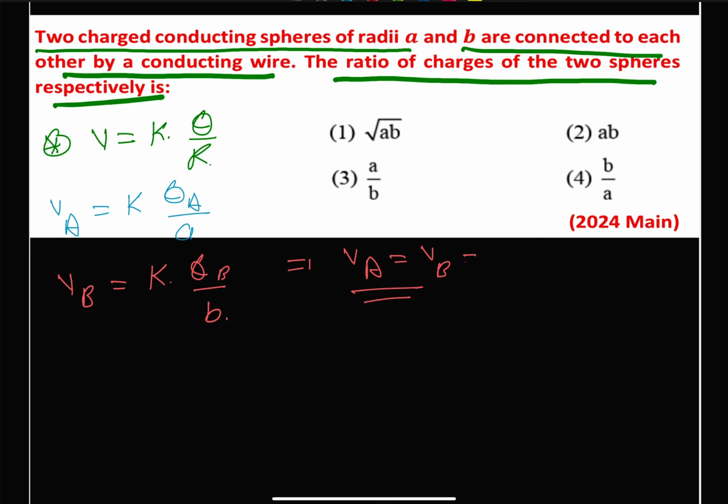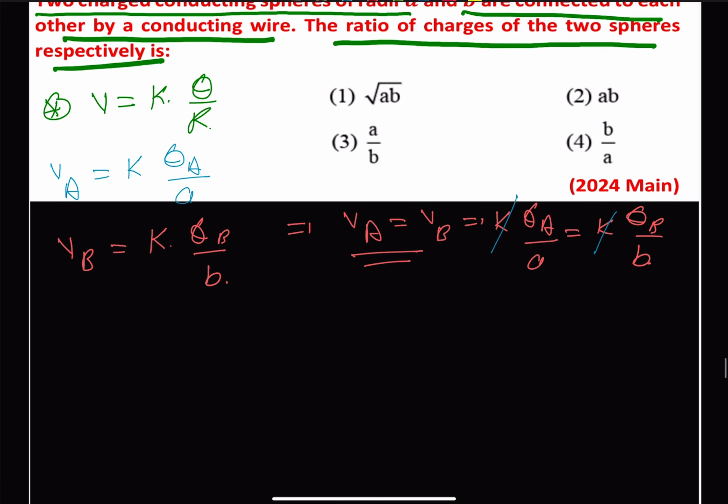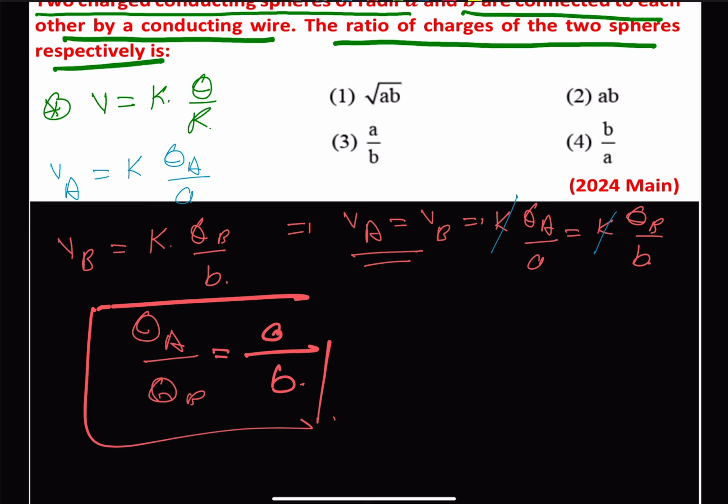This gives us K QA upon A is equal to K QB upon B. K and K go away. So we get the ratio QA upon QB will be equal to A upon B. A upon B, option 3 is correct.